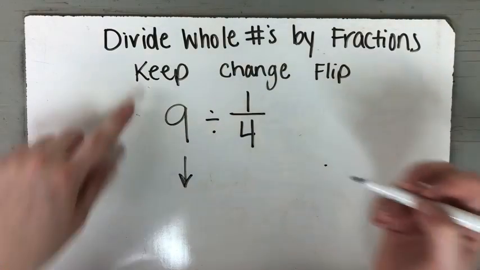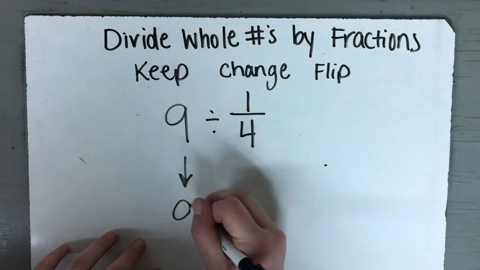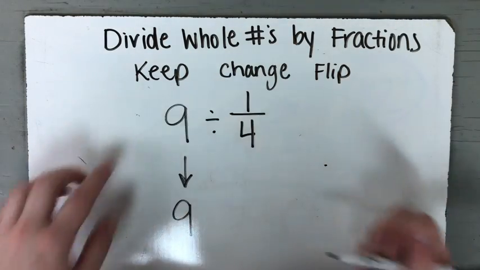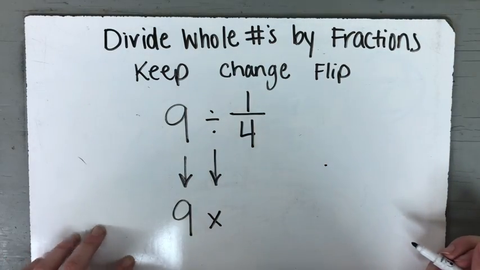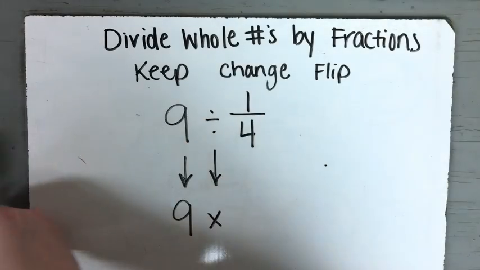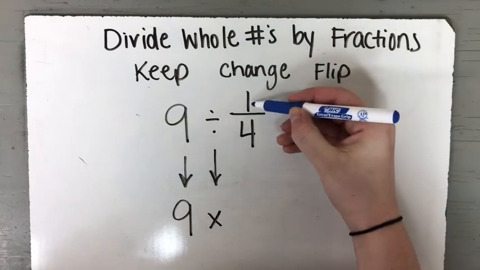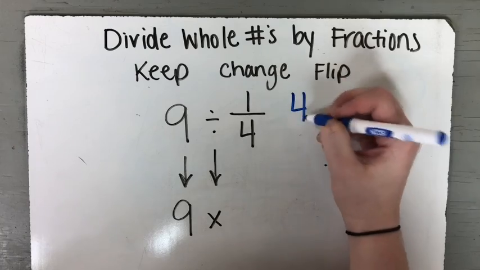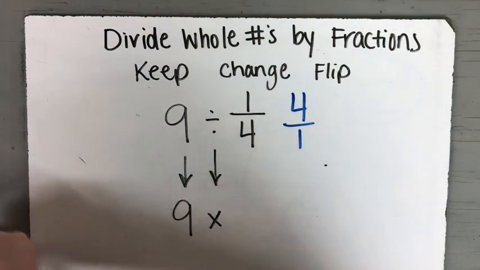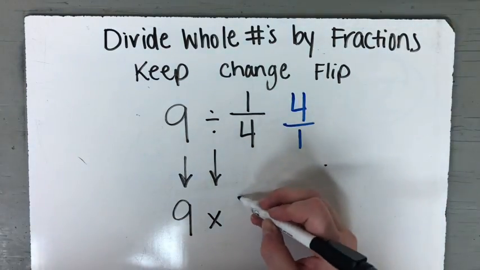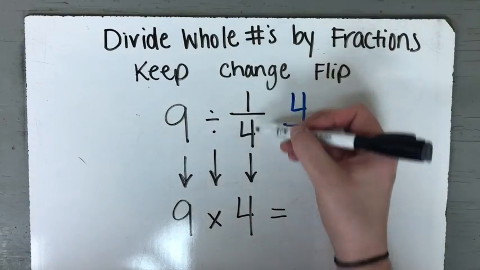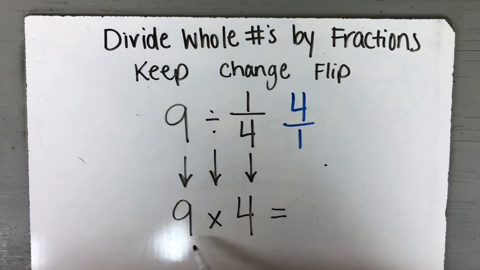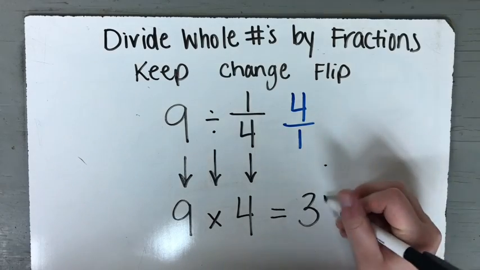First, we keep the 9, then we change the division symbol to a multiplication symbol, and then we flip the fraction. If I flip 1/4, I get 4/1, which is the same thing as just a whole number 4. So 9 divided by 1/4 turns out being the same thing as 9 times 4. 9 times 4 equals 36.